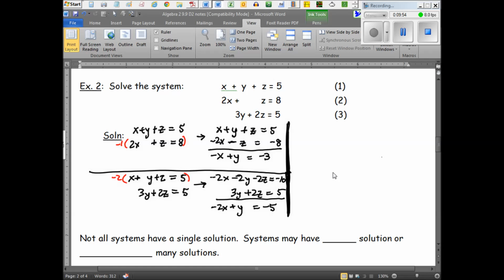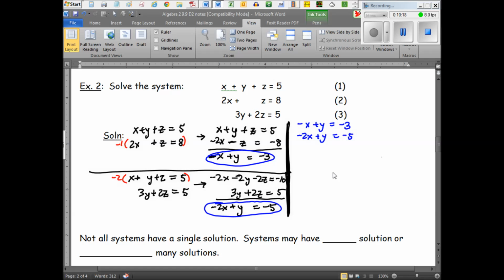Okay, let's take our two equations again, like we did last time, and we'll bring those over to here and work on it. So we have negative x plus y equals negative 3, and negative 2x plus y equals negative 5.